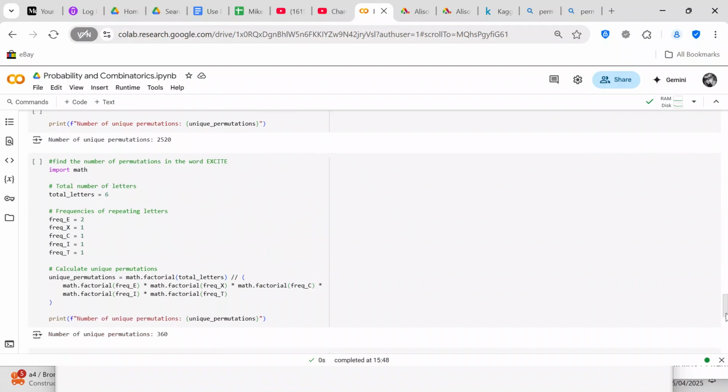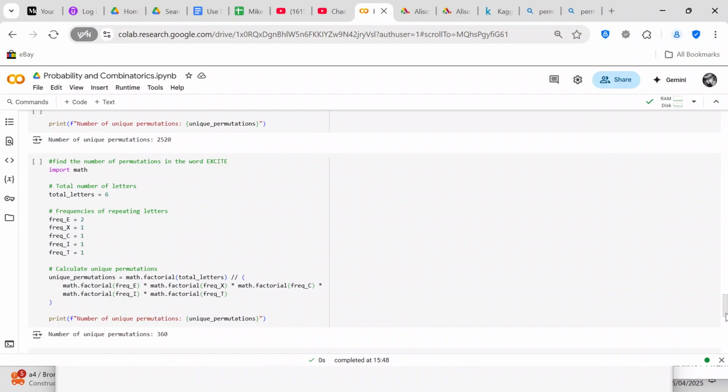So we have another question: find the total number of permutations in the word excite. So you're going to import Python's inbuilt math module, and the total number of letters is 6. So we get the frequency of repeating letters: frequency E equals 2, frequency X equals 1, frequency C equals 1, frequency I equals 1, frequency T equals 1.